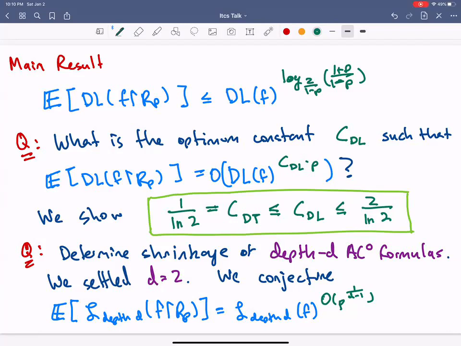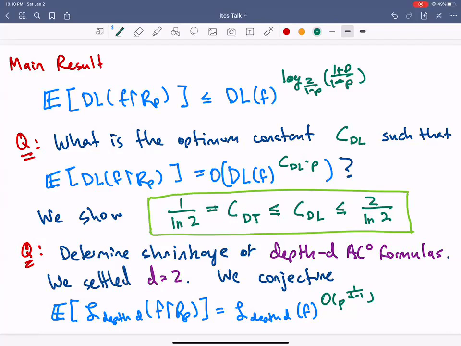Another further question raised by our work is: what is the shrinkage of depth 2 AC0 formulas? Our results for CNFs and DNFs settle the case D equals 2. And we conjecture that for any constant D, the bound on the expected depth D formula size of F under R_P should be at most the depth D formula size of F raised to the order of P to the 1 over D minus 1.